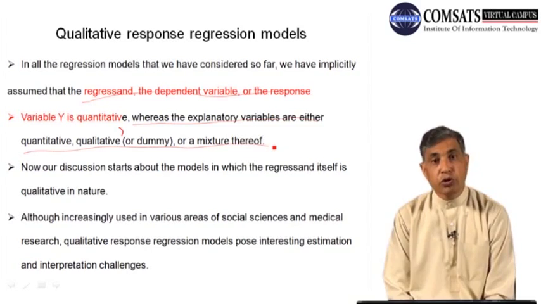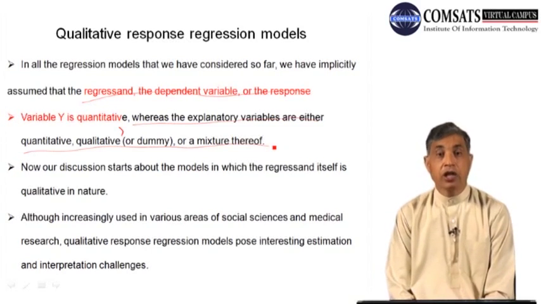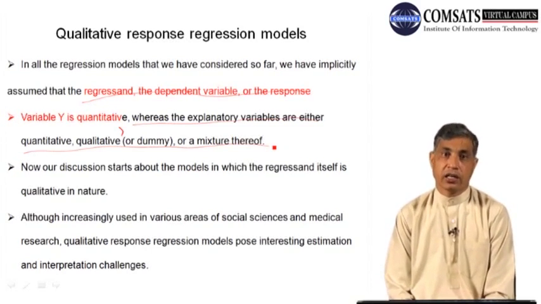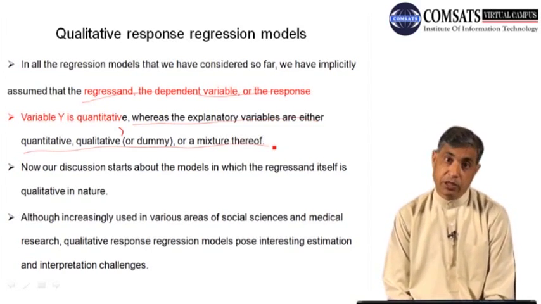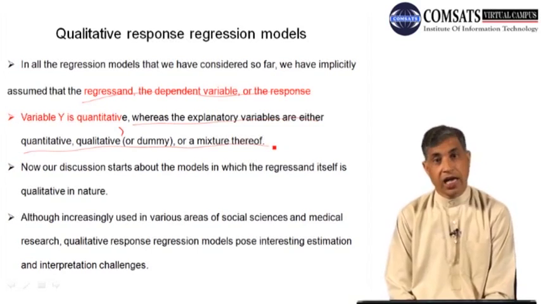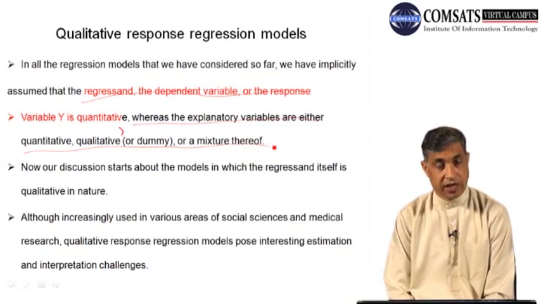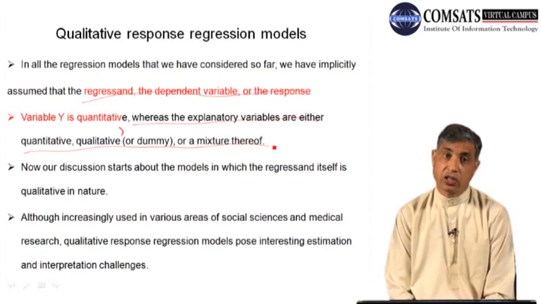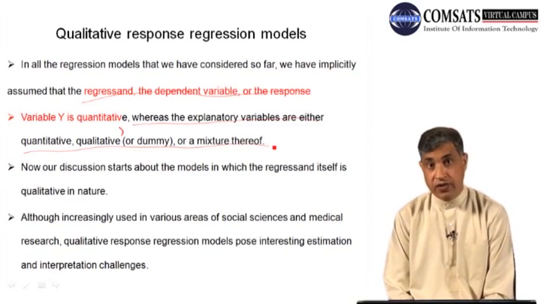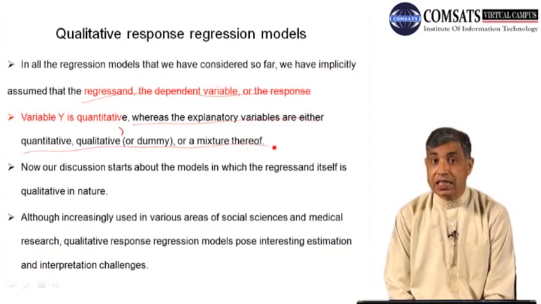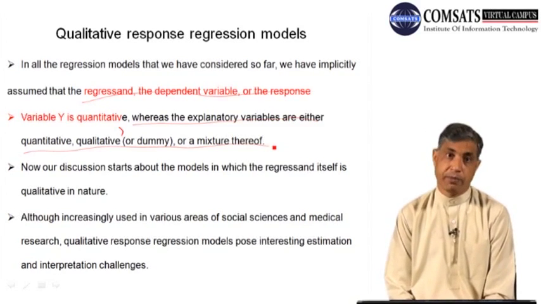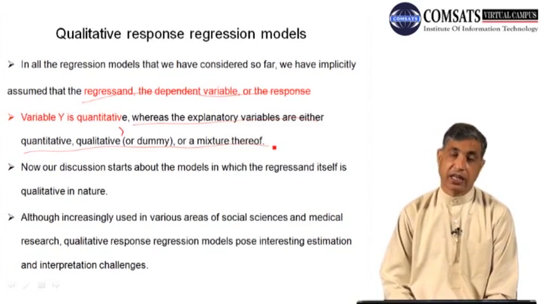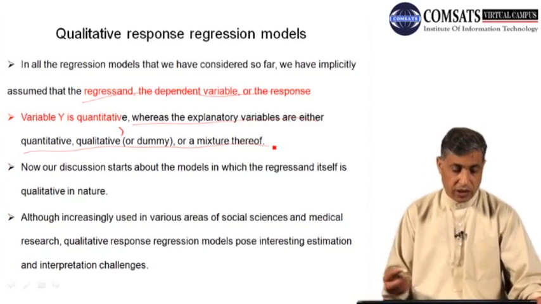They could be only ratio scale variables, only nominal scale variables, or a mixture of both. But our concern now is that our dependent variable, y, is no longer a ratio scale variable; it has also become a dummy variable, and we will see how we progress with this.